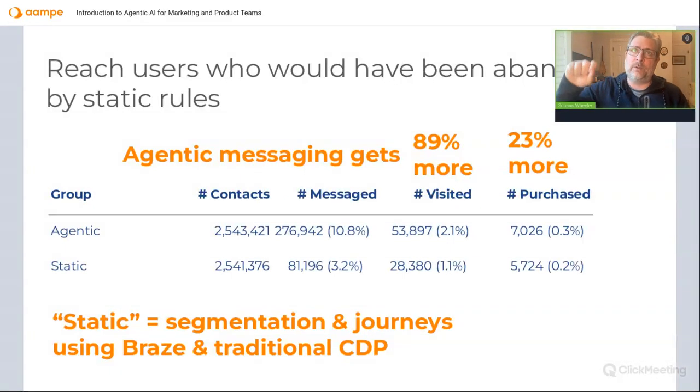However, because we were able to assign an individual agent to each individual user, we were able to reach everyone that was reachable. And therefore, we were able to pull out value in places that had fallen through the cracks in the static system.